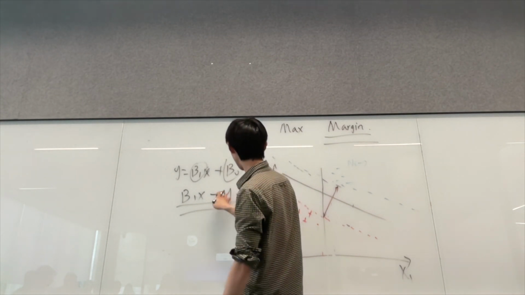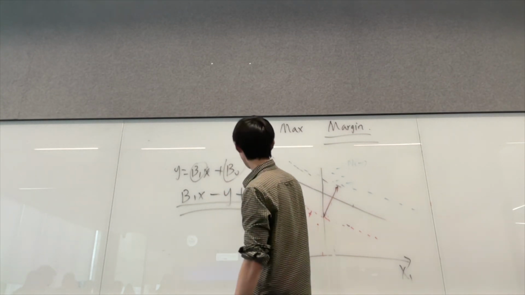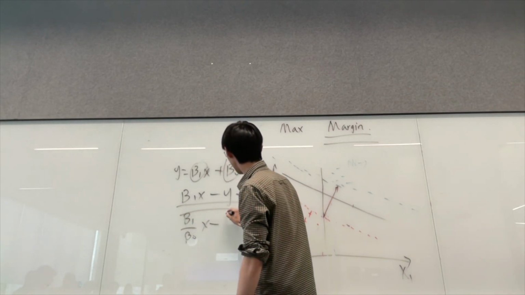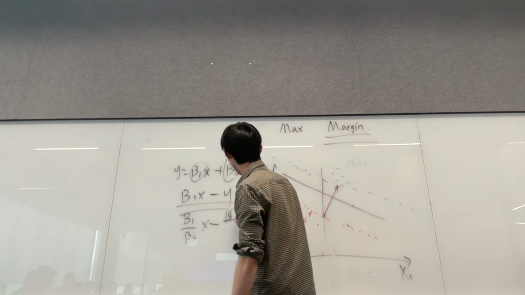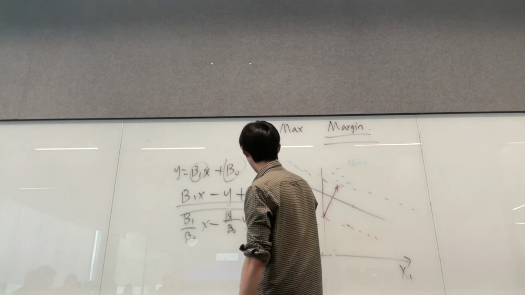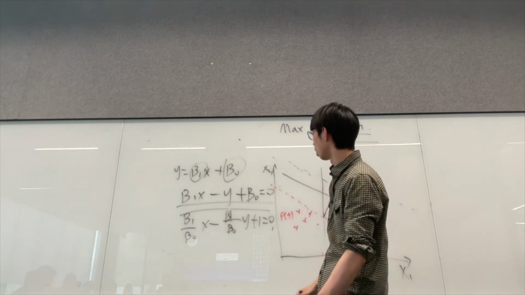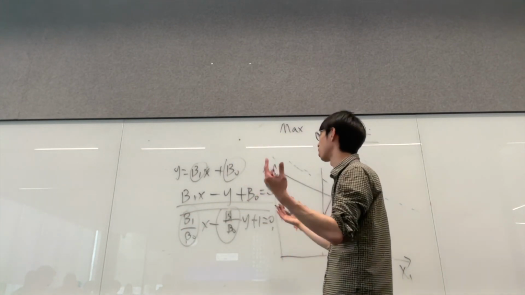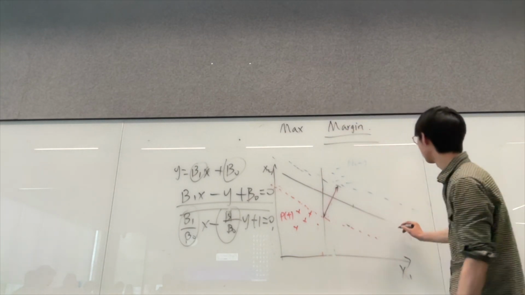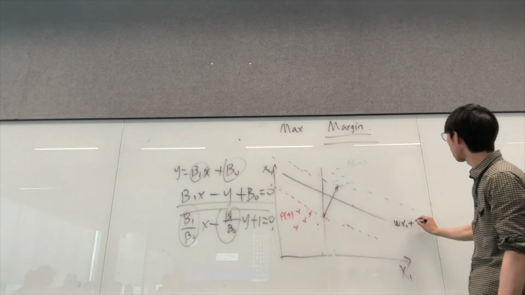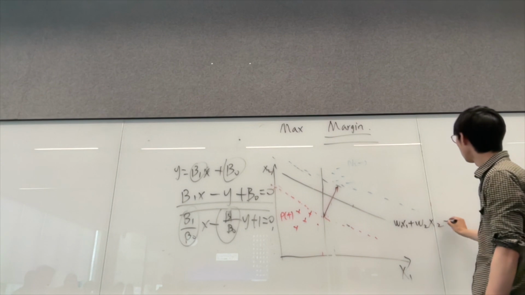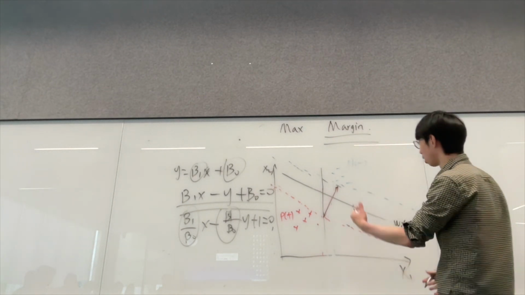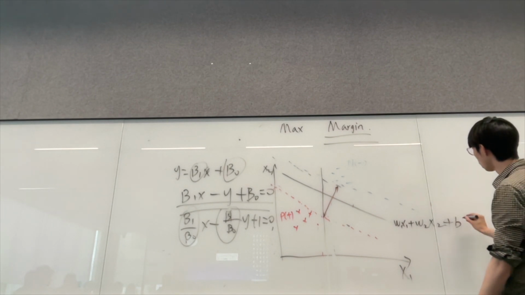Here I can put some beta 0, because if I divide by beta 0, here is beta 1 over beta 0 times x, here is 1 over beta 0 times y, plus a constant equal to 0. Here it's just a random number, it doesn't matter. So it's just w1 x1 plus w2 x2, maybe some shift, an intercept. So we have maybe b equal to 0.